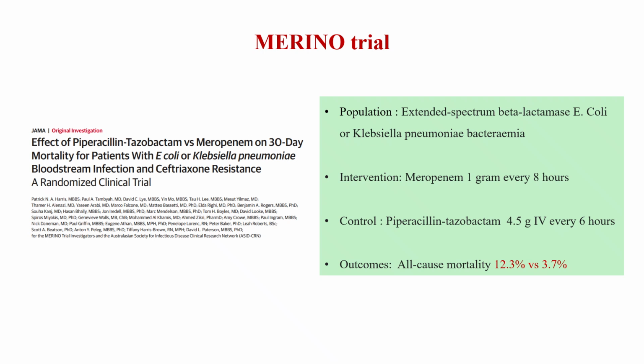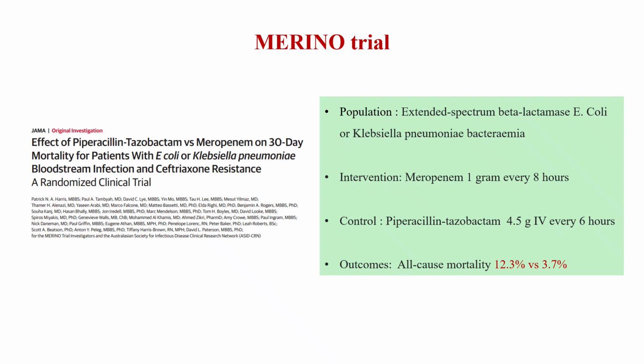The half-life of tazobactam is lower than piperacillin. So if you are spacing the doses, especially if you are giving 8 hourly, the tazobactam levels can go below the threshold where it might not be able to protect the piperacillin, and that might lead to a clinical failure. And then again, for some of the ESBLs like CTX-M beta lactamases, the tazobactam might not be that effective.